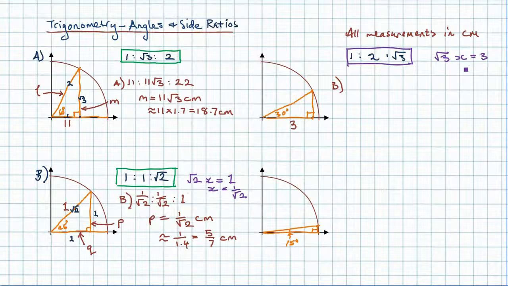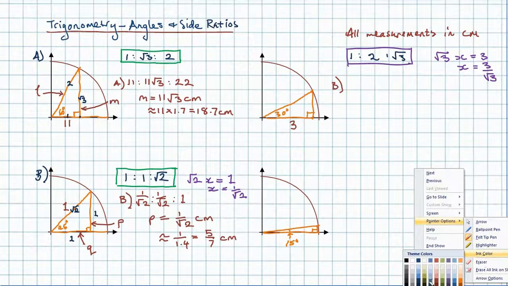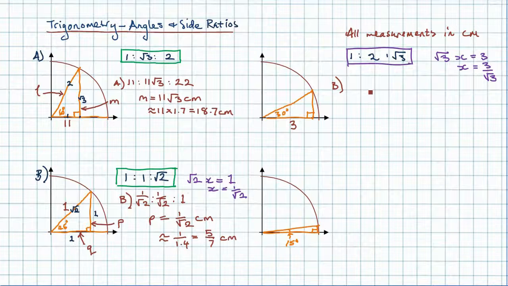What's happened then to get this 3? x must equal 3, divide both sides by root 3, and you get x equals 3 divided by root 3. Good.